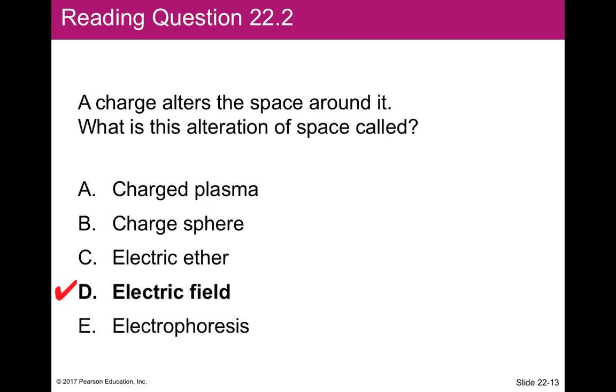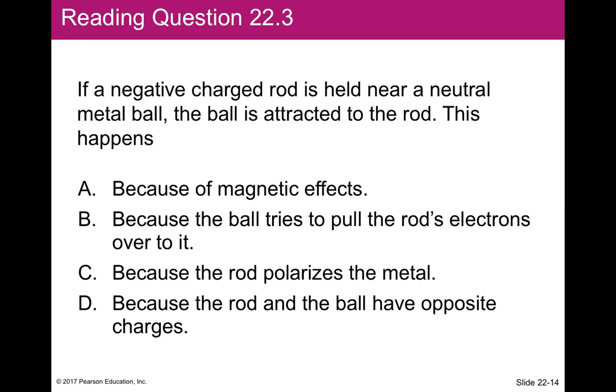So one basic idea is the electrostatic field or electric field. And then if a negative charge, the rod is held near a neutral metal ball, the ball is attracted to the rod. Which option? Right.